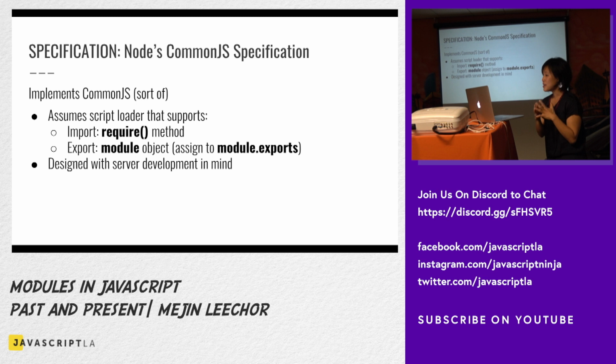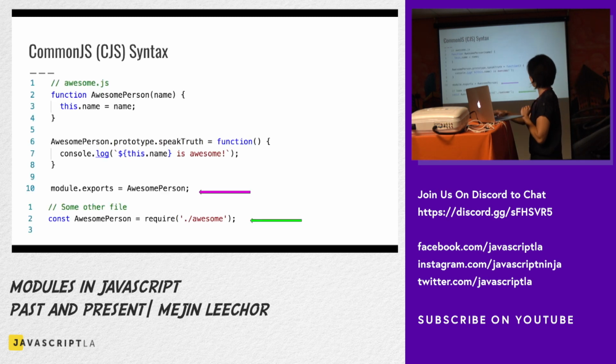And the CommonJS spec stipulates support for module loading via a require method and assigning exports to this property on the module object called module.exports. And this was really designed with server development in mind. That will become important in a few minutes.